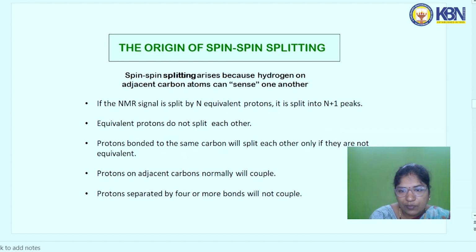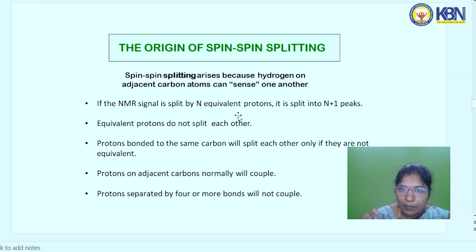The origin of spin-spin splitting. Spin-spin splitting arises because hydrogens on adjacent carbon atoms can sense one another. If the NMR signal is split by n equivalent protons, it is split into n plus 1 peaks. Here n is equal to the number of neighboring protons.